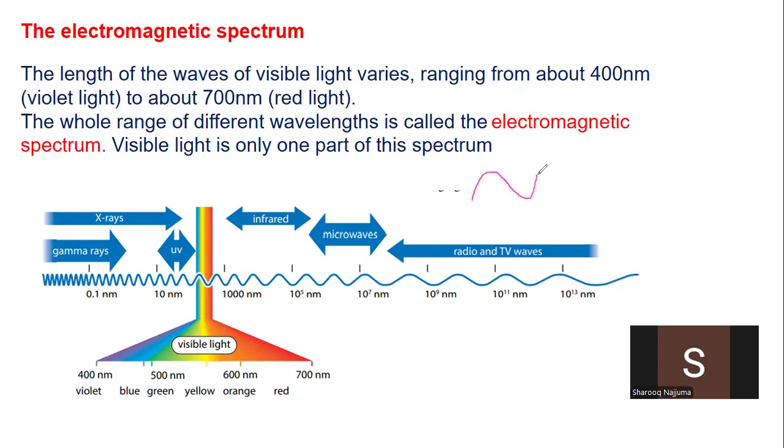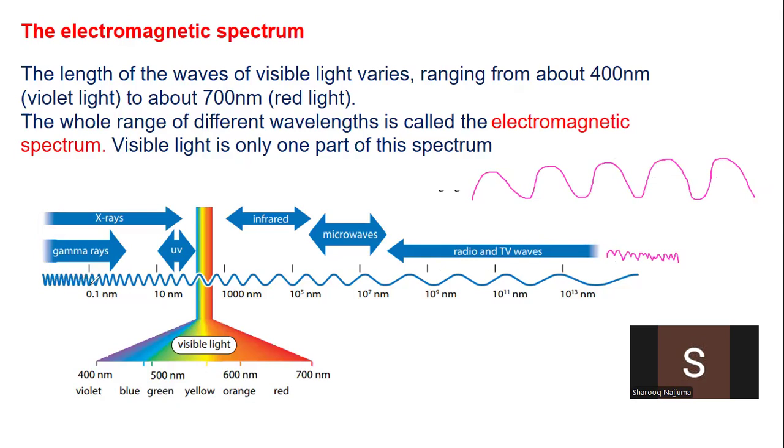And if the wavelength is longer, that means that the waves are going to be much less frequent compared to shorter wavelengths. So shorter wavelengths usually are more frequent compared to longer ones. You can see the radio and TV waves are really long. If you come back to this side, the gamma rays' wavelength is really short.